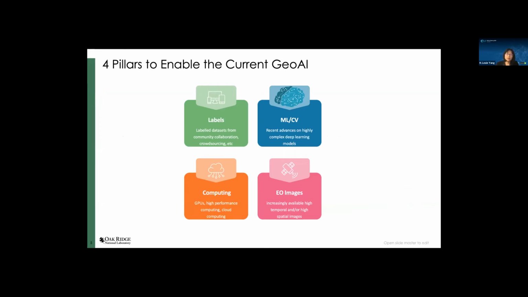For example, you cannot have just the EO data, the observation data, the raw data, without the labels to help you train a machine learning model. At the same time, the most advanced machine learning algorithms and computer vision architectures we are using are highly complex and require quite a bit of computing power to support training the model and also the deployment.